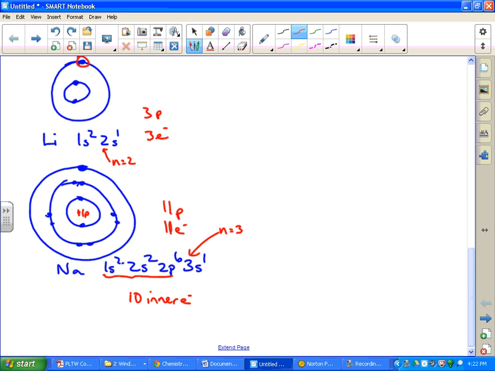Okay, remember, these guys are all negative. And so when you have more negatives shielding this negative, remember the negatives do repel each other too, shielding that electron from the nucleus, and it's further away. And so what you see is generally atomic radius increases down the group.